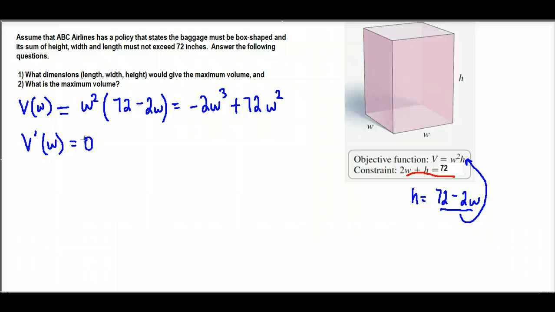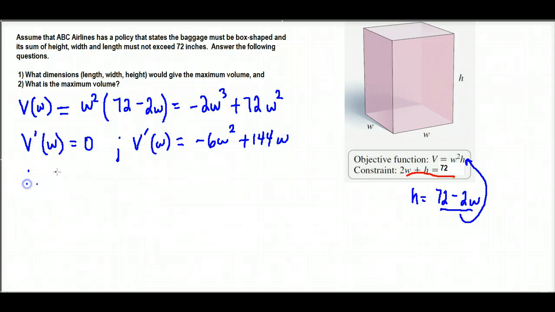Okay? So here, we just need to go ahead and take the derivative of this. If we do that, the derivative of V would be minus 6W squared plus 144W.